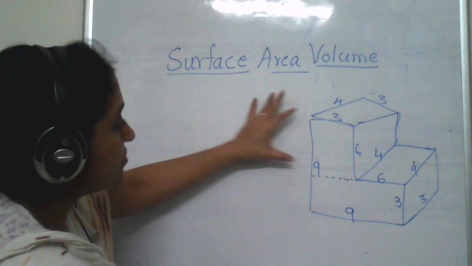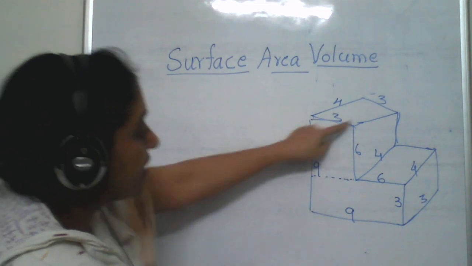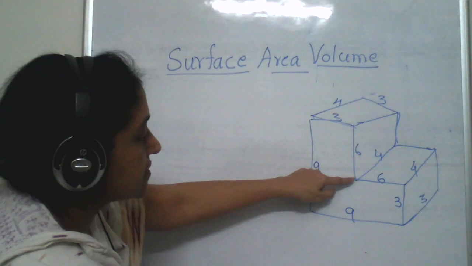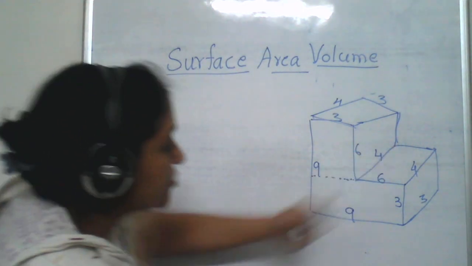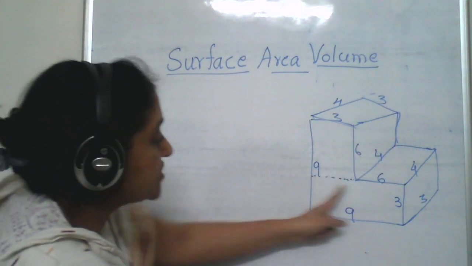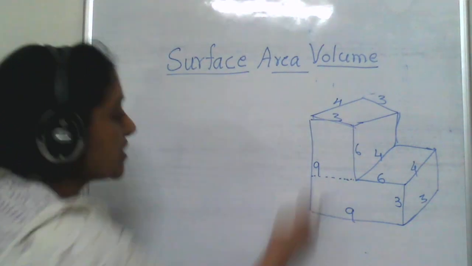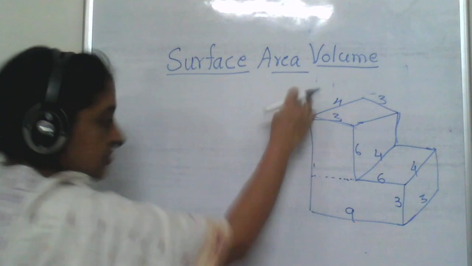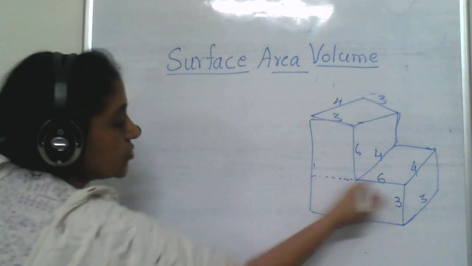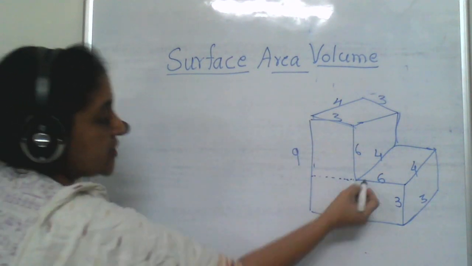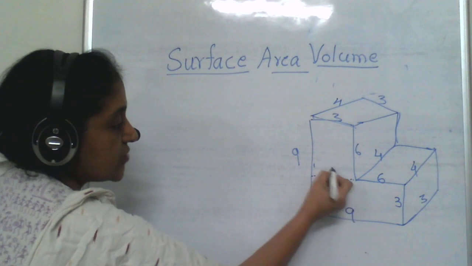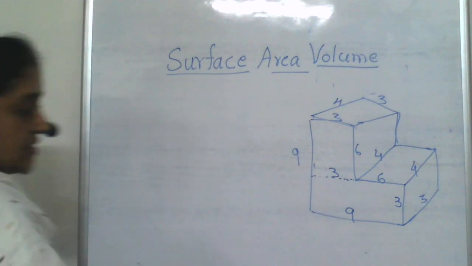Similarly for the second one, we have height 6 centimeter, breadth 4 centimeter. Now you can see how much is remaining here. If this is covering 6, this is going to be 3. The whole length is 9, so I am writing this 9 outside. This is covering 6 centimeter, then this will be 3 centimeter.